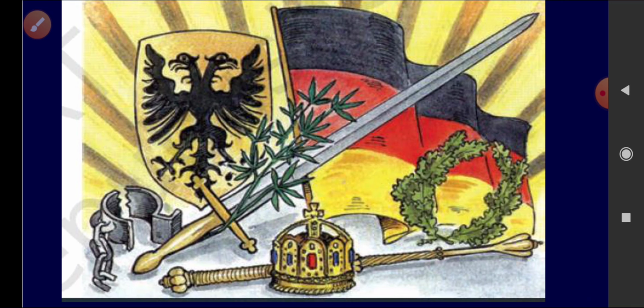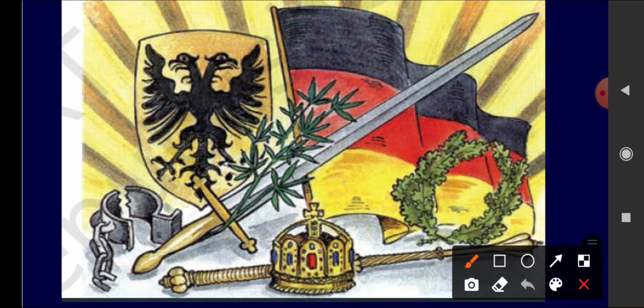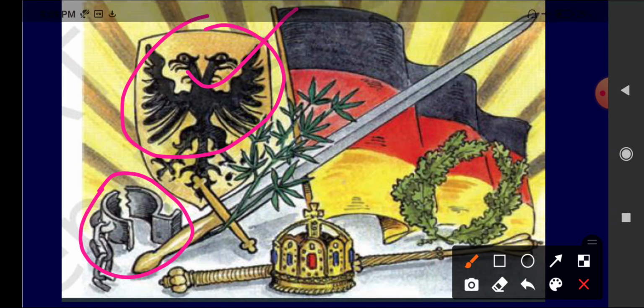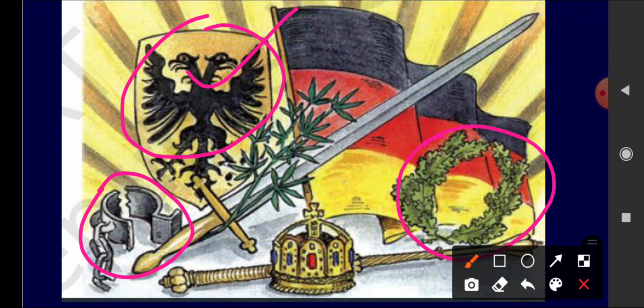Then here is the breastplate with an eagle, a symbol of the German Empire or strength. The crown of oak leaves is shown here, which shows heroism. Heroism is represented through this crown of oak leaves. A sword is shown here. This one is the sword.